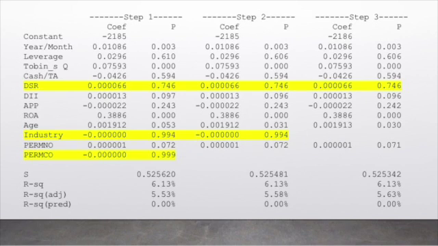All right, so we eliminate the first highest one, and then we rerun a multiple regression to see which one comes out next. After that one, the industry characteristic of each company goes away because it has a 0.994 p-value, significantly high. And then the third step, we find that the DSR value gets thrown out because of its 0.746 p-value.